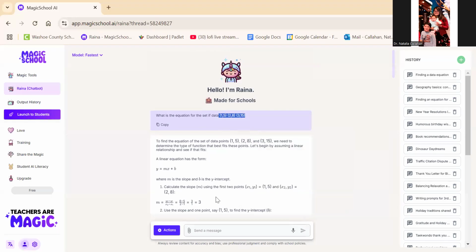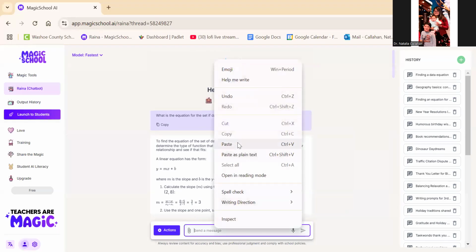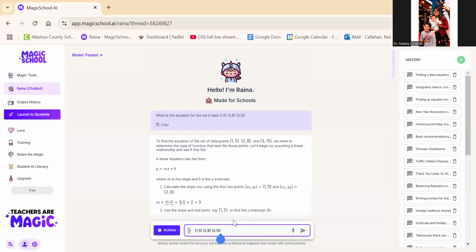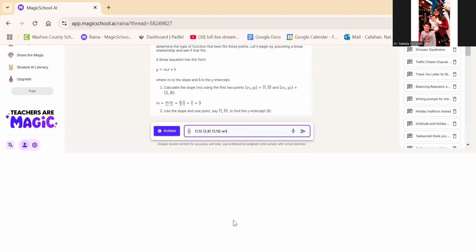What was the question asking again? Write an expression that describes the number of tiles on the nth figure. Write an expression of tiles to the nth figure.